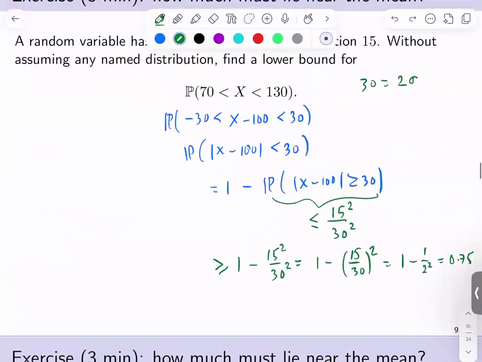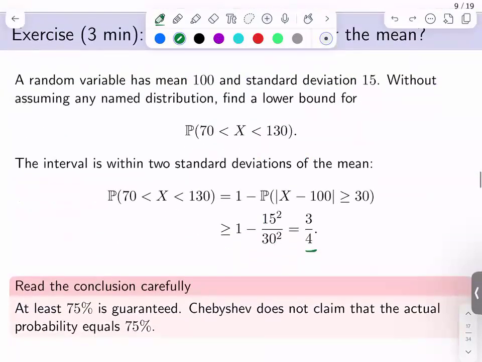Yes. So this is a lower bound. It says that the probability that x lands in this interval is at least 75%. It could be more for the actual distribution, but without knowing anything else, you can just guarantee this. You just know the mean and the standard deviation, and it is guaranteed that this much mass has to be there, which is pretty amazing.